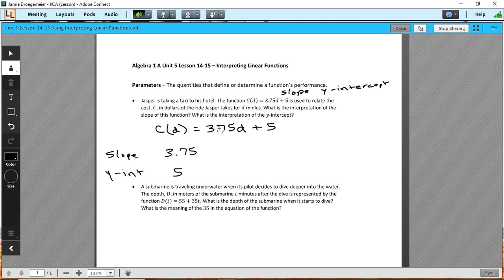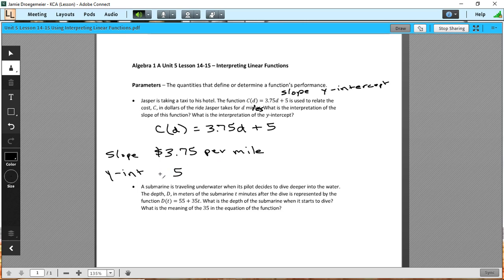So that 3.75 slope, that's the cost per mile. Oh, and I said minutes here. That should be miles. That's what the typo is. So d is representing miles. So the slope is the cost per mile, 3.75 per mile.